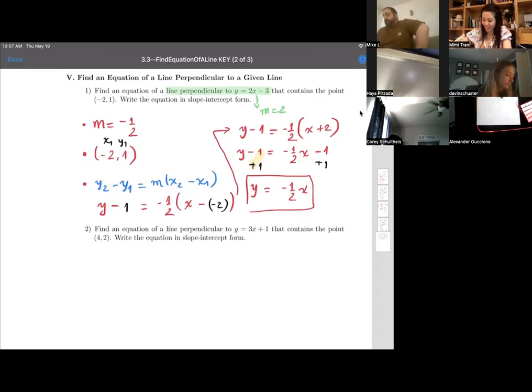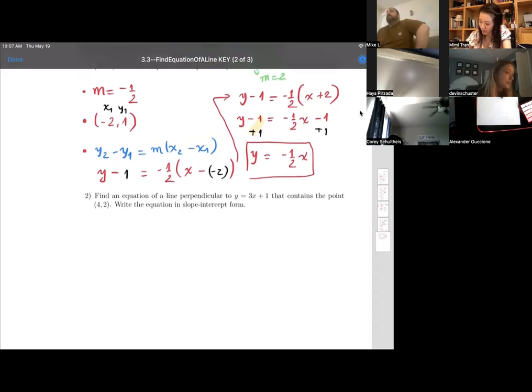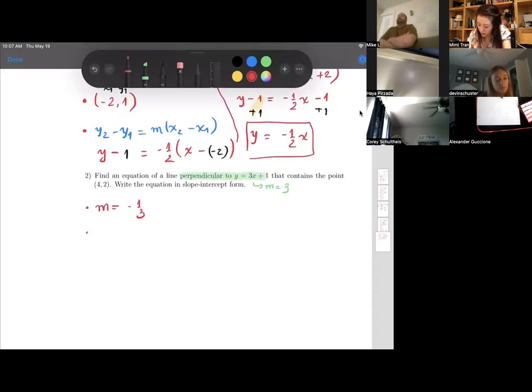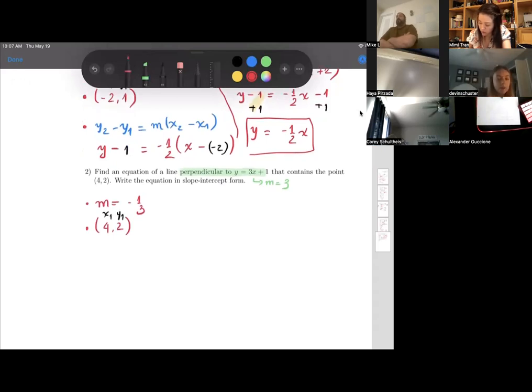Let's see. All right, it's perpendicular to y equal 3x plus 1. Oh, I meant green. So this one has a slope m equal 3. That means the slope that I'm looking for is m equal negative 1/3. The point here is 4, 2, x1, y1.